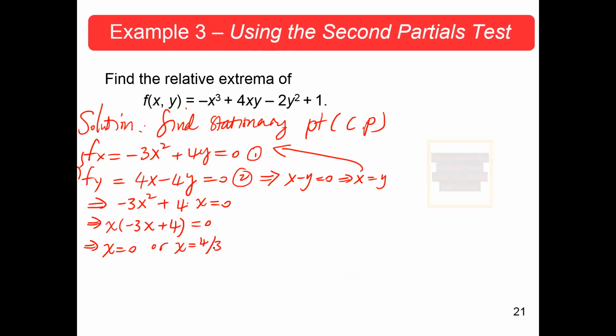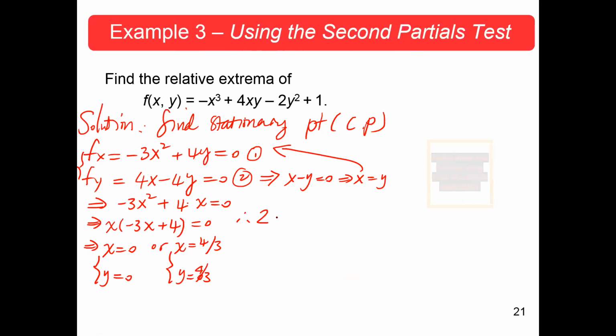Is that correct? Once you have x, do we know y? Yes, because y is the same as x. So when x equals 0, y would be 0. When x is 4/3, y would be 4/3.